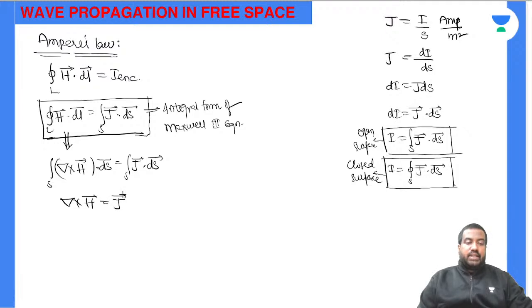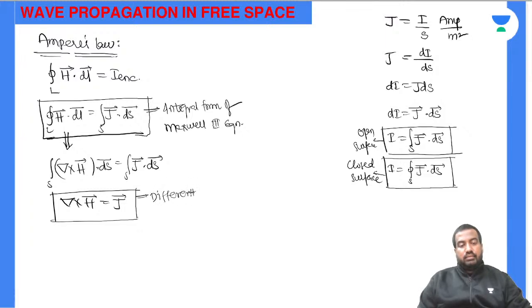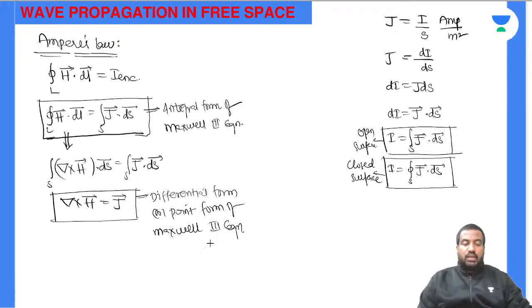This implies del cross H is equal to J. This is the differential form or point form of Maxwell's third equation.